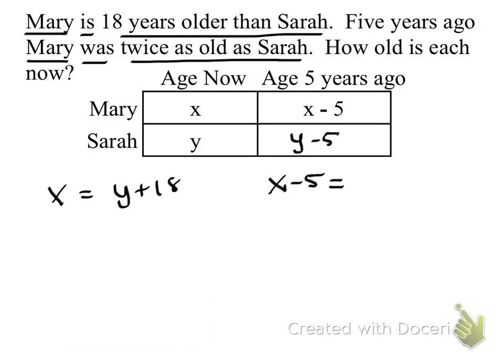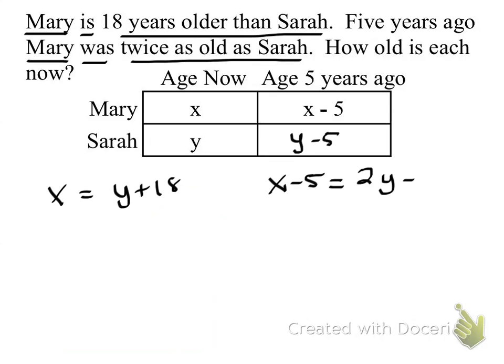Be careful here. Daniel. I think it's minus 5 equals 2x. All I want is twice as old as Sarah. Oh, 2y, sorry. 5 years ago, that means the whole sentence. It's 5 years ago. Not a piece of it, not just Mary. Olivia, what do you think? Is it 2 times y minus 5?